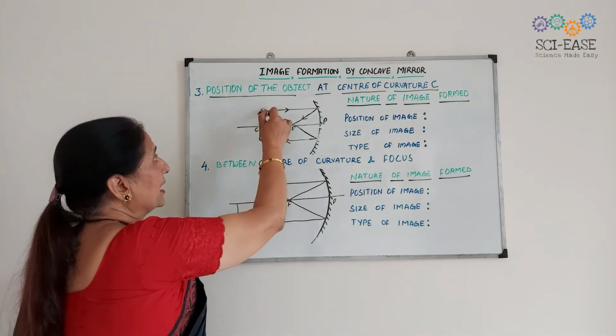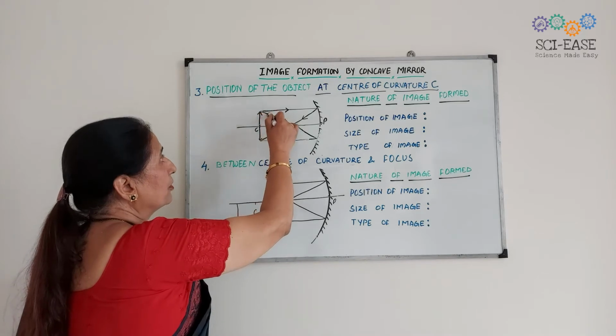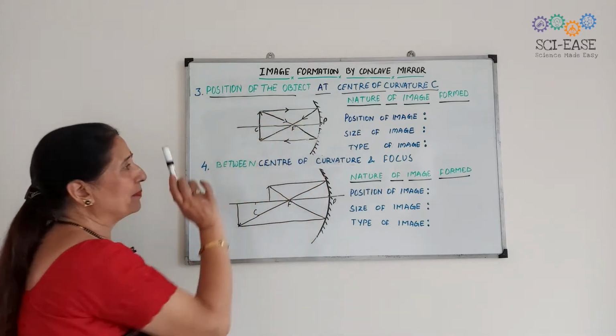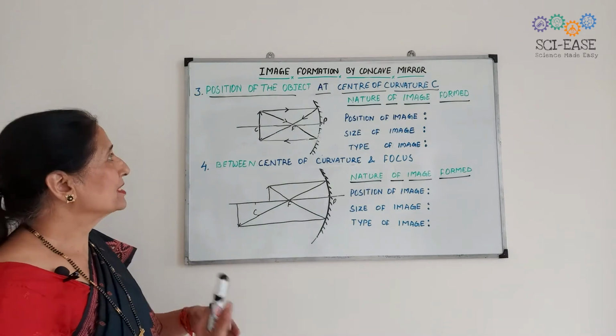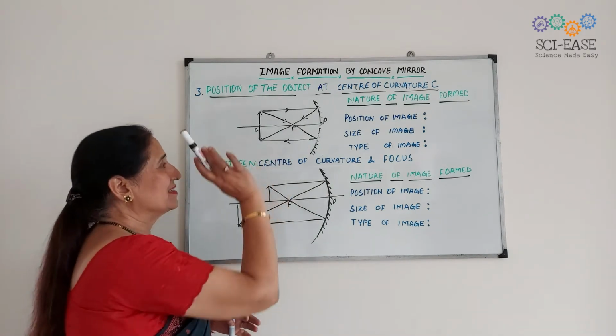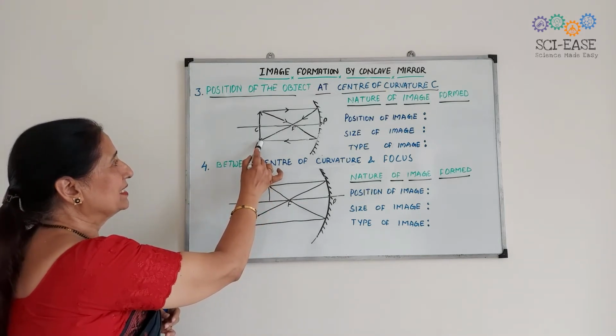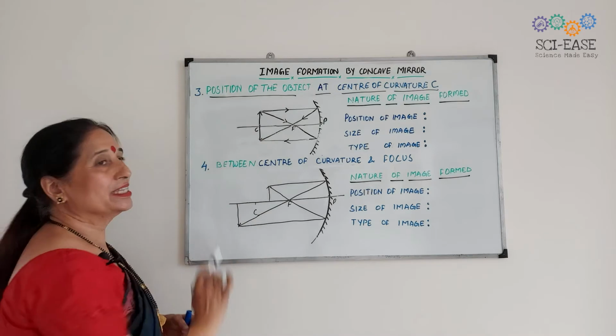The second ray will start from the object and pass through the focus and become parallel to the principal axis. That is the second rule. And where they meet, the image will be there.